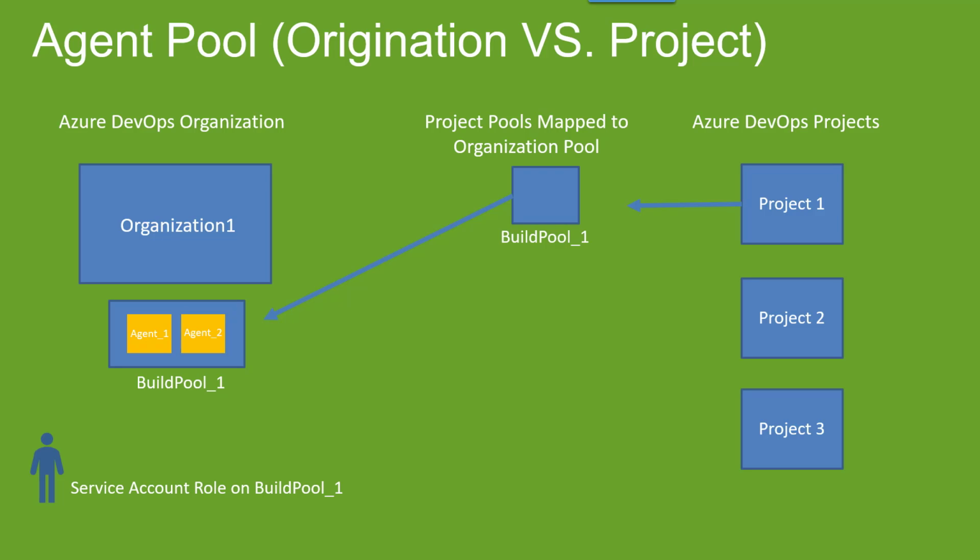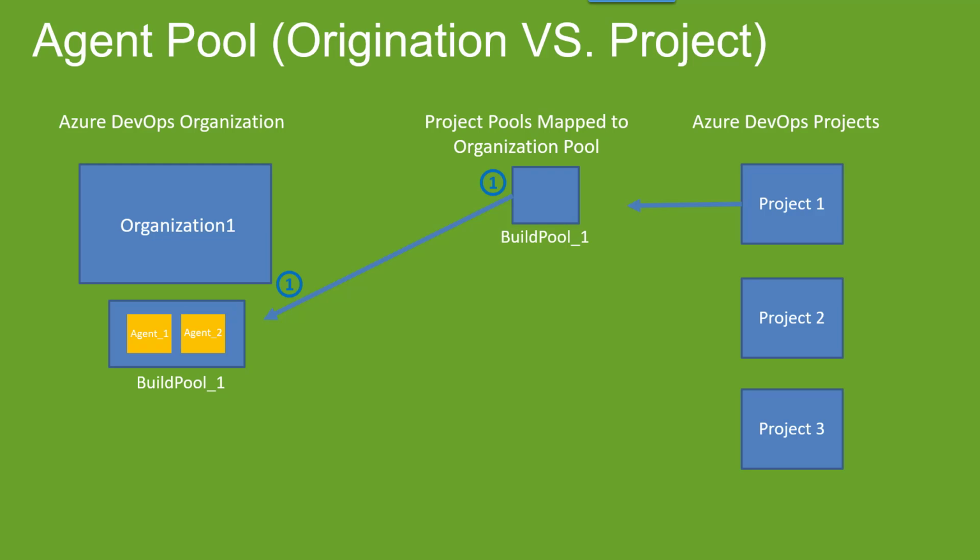So both of them can create a project pool that is mapped to the agent pool on the organization. But of course, again, the admin role on the agent pool on the organization is the only permission needed to install and uninstall agents. And the relationship between the project pool and the organization pool is one-to-one.